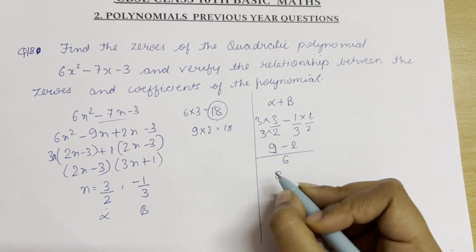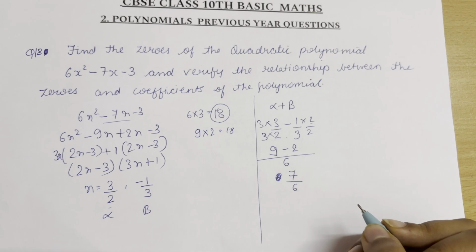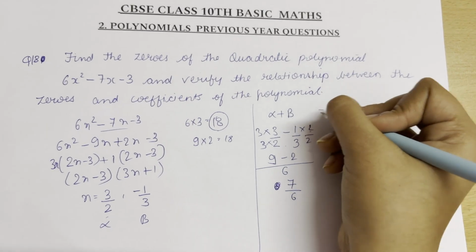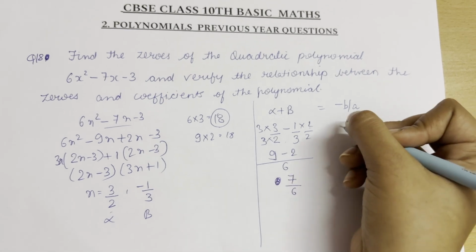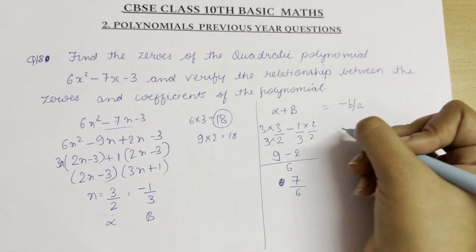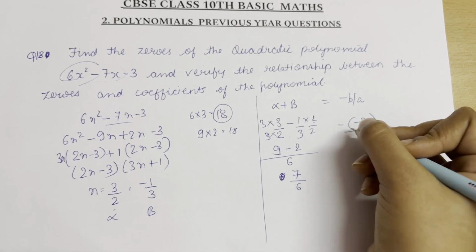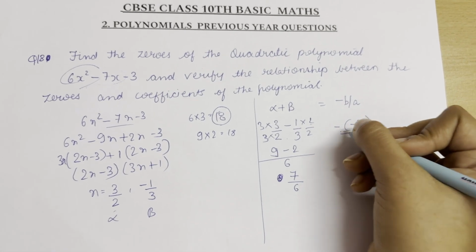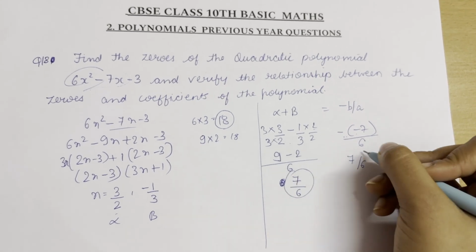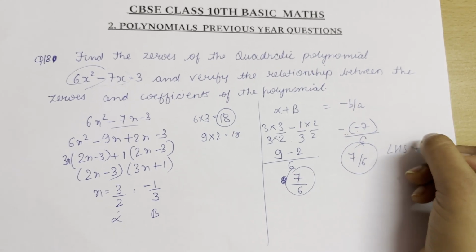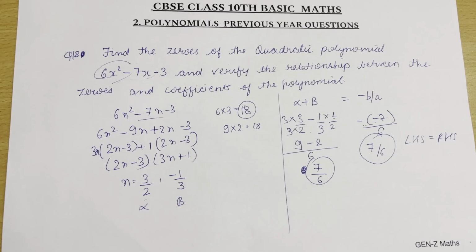I get 7 by 6. Okay, so if I verify, this should be equal to minus b by a, and I know the value of b here is minus 7 and the value of a is 6. Minus into minus will become a positive and I get 7 by 6. Both of these two values are the same, hence LHS is equal to RHS and my relation is verified.